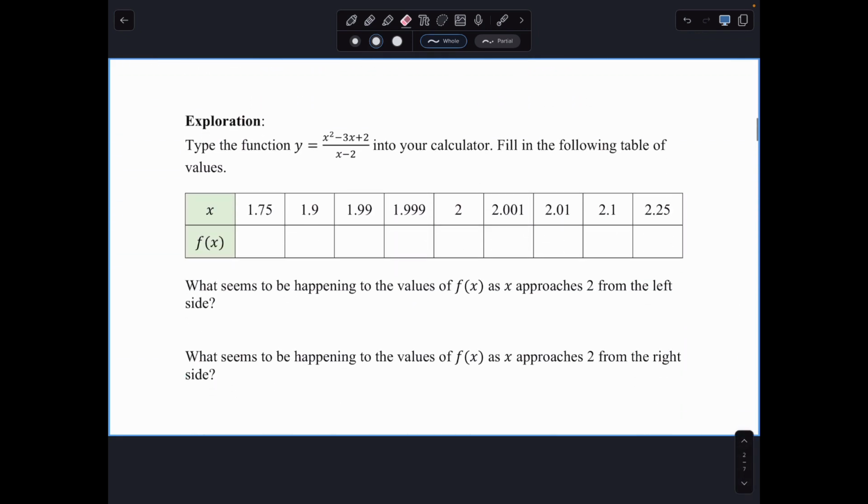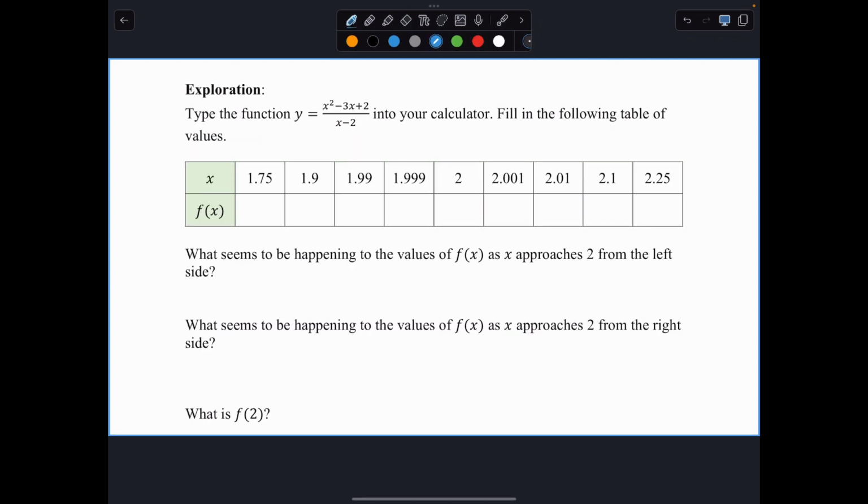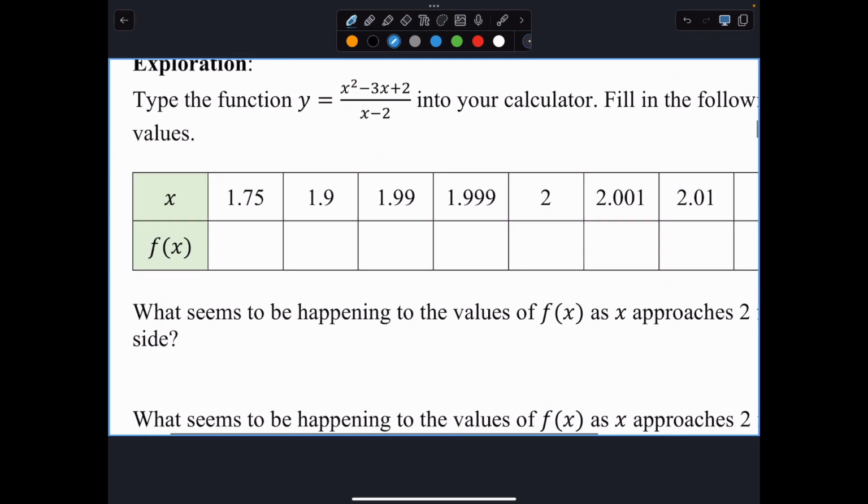So I want you guys, filling in the table, you should have gotten 0.75, 0.9, 0.99, 0.999, right?